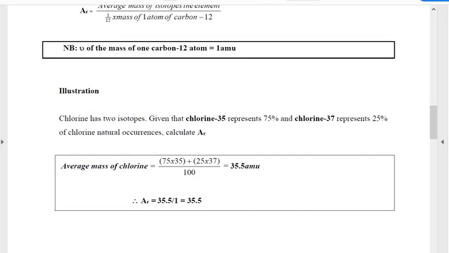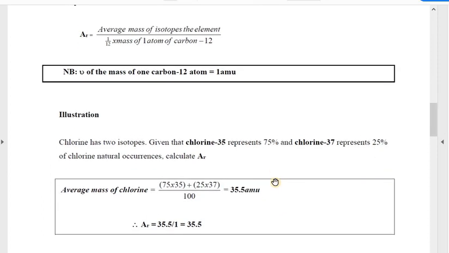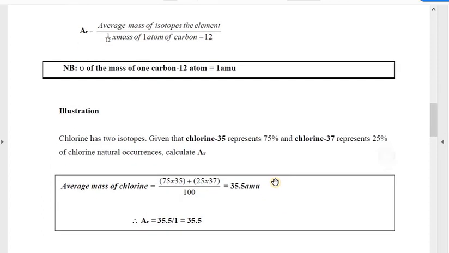So let's look at this equation that is here. You take the percentage abundance and multiply it with the mass number of that isotope. So here the isotope chlorine-35 multiplied by its abundance, 75 multiplied by 35.